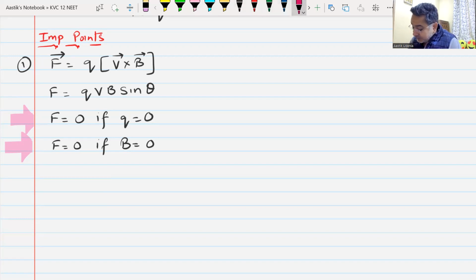The next point is an important one. This F is 0 if V is equal to 0. This F is equal to 0 when the velocity is 0.